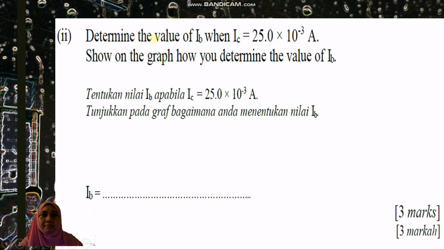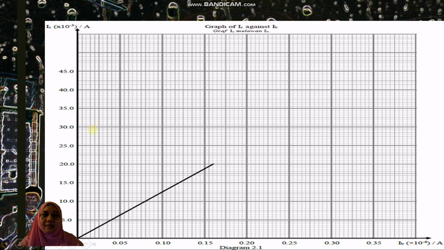Next, determine the value of IB when IC equal to 25 times 10 to the power of negative 3 ampere. Show on the graph how you determine the value of IB. So this is the value where IC is 25 times 10 to the power of negative 3. But you can see that the line here does not reach this value.